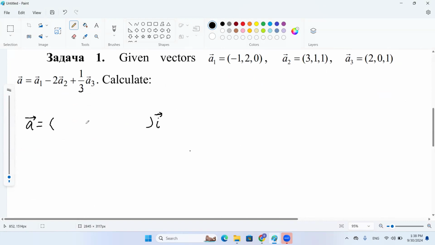It will be -1 plus 3, plus, yeah, tentatively -6. Okay, let's write in details: 2/3 plus 2/3, plus 2. Now writing in details. And then it will be 2 -2 plus 0.